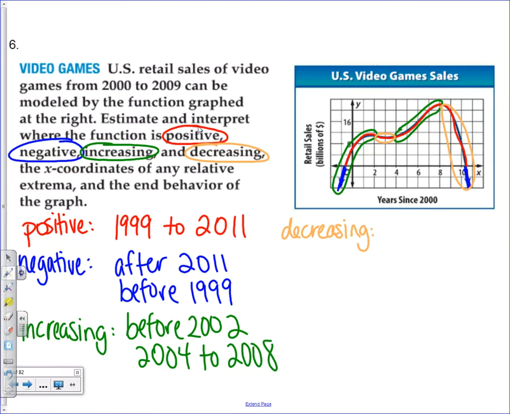Okay, so how would you describe the first orange circle? Go ahead, Savannah. Say it again. Where does it start? It starts going down in 2002, doesn't it? And then it stops going down in 2004. 2002 to 2004.